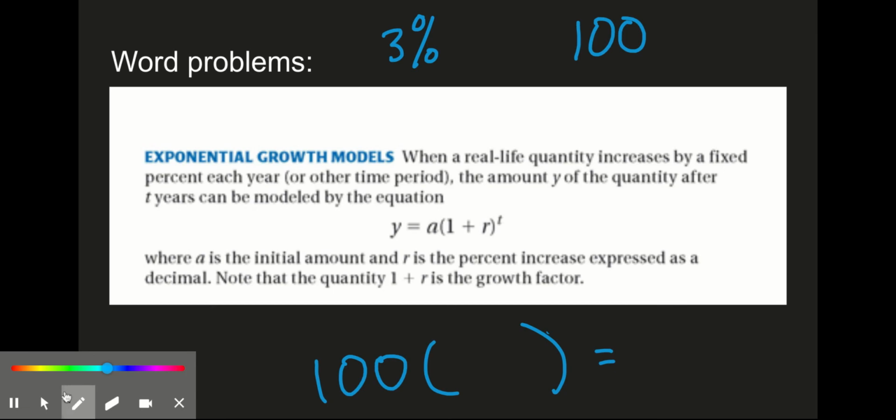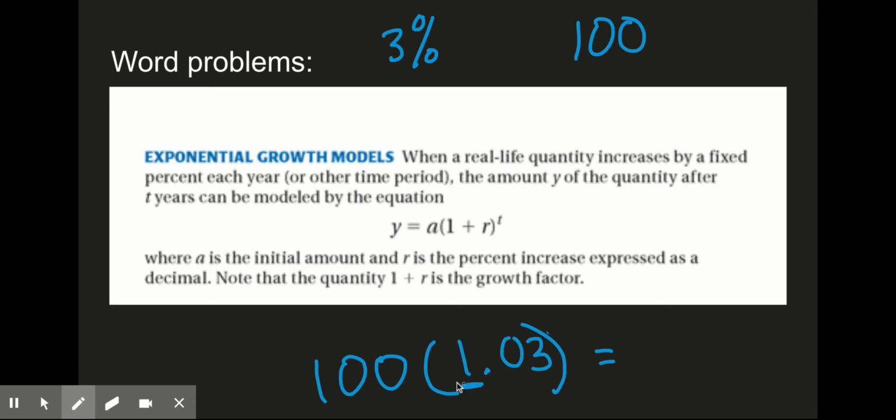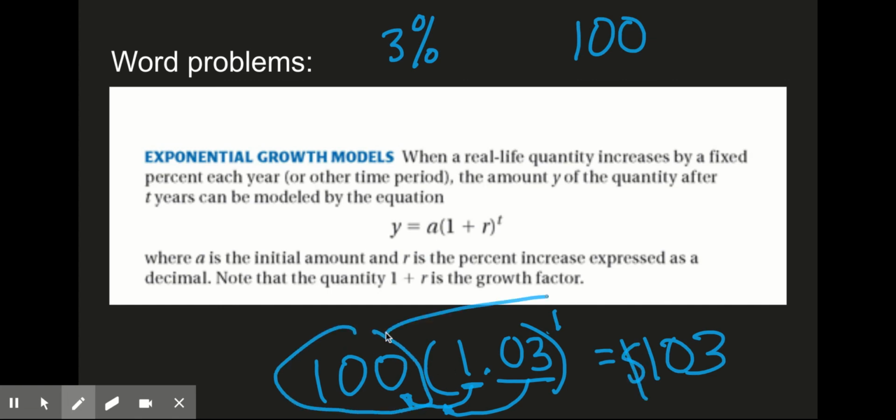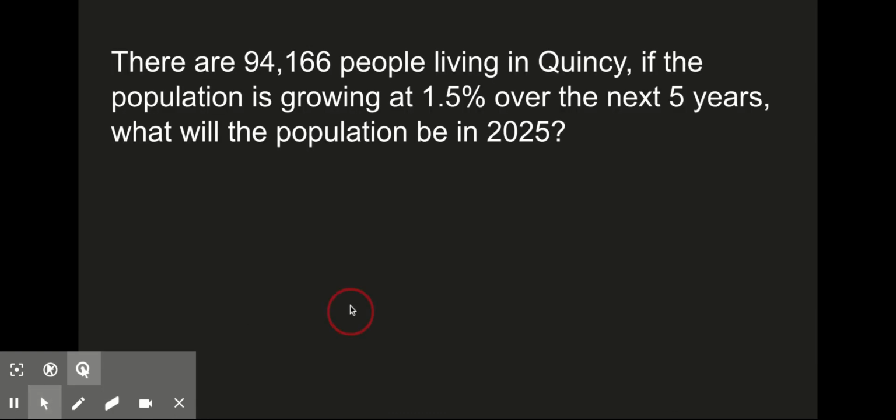So it will be bigger than 1. So it'll be 1.03. The 1 covers the fact that you will still have the original $100, and this covers how much you're gaining. So you'd wind up with 100 times 1.03. That makes sense that after 1 year, I'd go from $100 to $103. It's an important piece to understand if you're going to get these word problems correct.